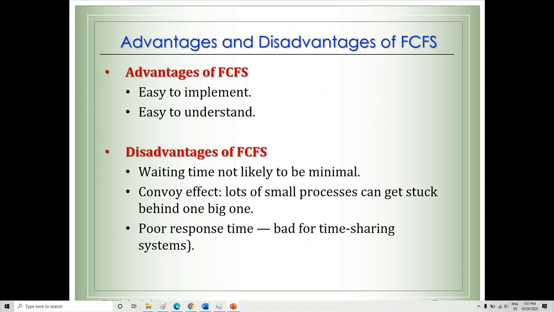So what are the advantages and disadvantages? The algorithm is easy to understand, easy to implement. The disadvantage is waiting time is not likely to be minimal. So when compared with other efficient algorithms, the waiting time is going to be more. Convoy effect: lots of small processes can get stuck behind one big one.